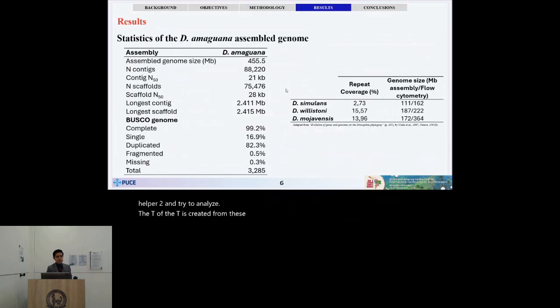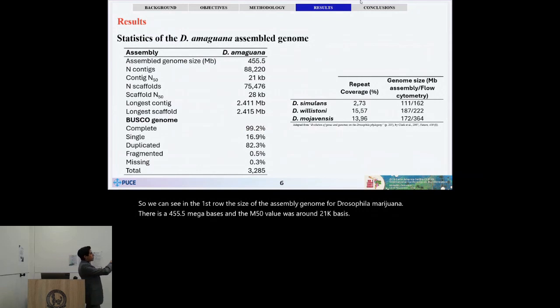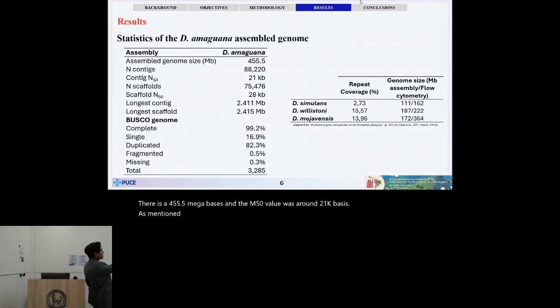In the results, we can see in the first row the size of the assembled genome for Drosophila amaguana, that is 455.5 megabases, and the N50 value was around 21 kilobases. As mentioned before, in the second table we show three species that have different TE content associated with the genome size.